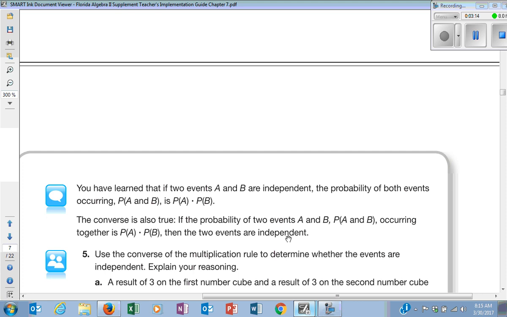So the doctor says, if a dog has a skin infection, then shave the dog. Makes sense, right? So switch those. If a dog is shaved, then he has a skin infection. Is the converse always true? No, and that's what you studied in geometry.